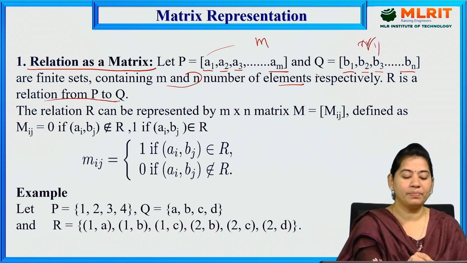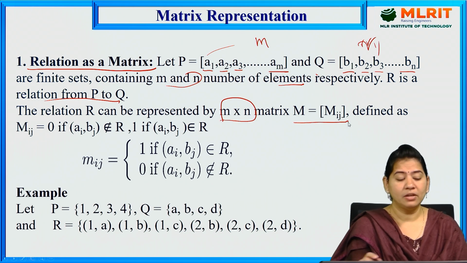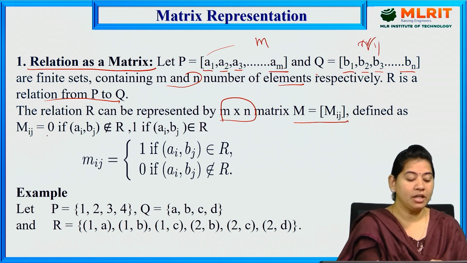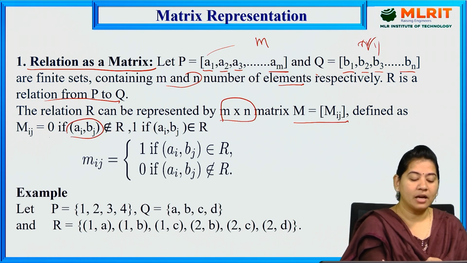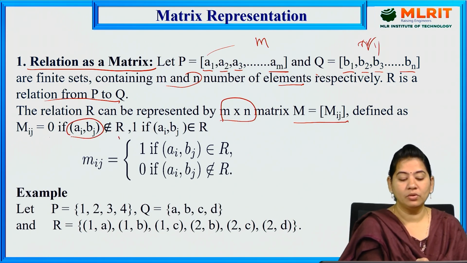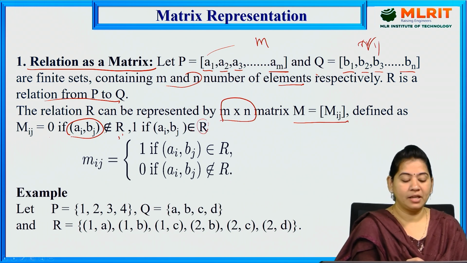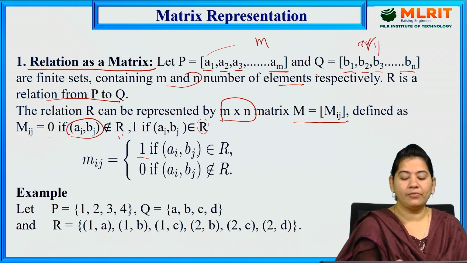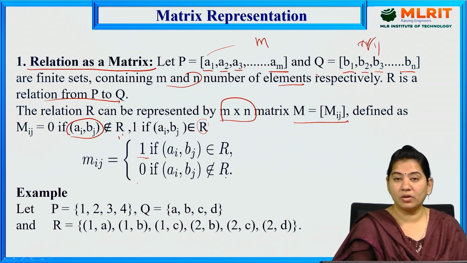R is a relation from P to Q. The relation R can be represented in the form of an m into n matrix, M equal to [mij], which is defined as follows: mij is equal to 1 if (ai, bj) belongs to R, and it is equal to 0 if (ai, bj) does not belong to R.